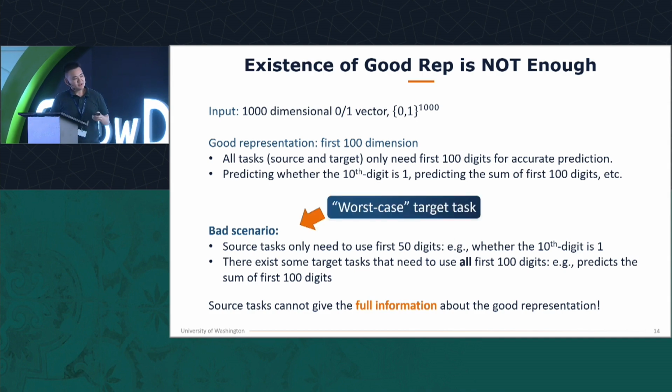In this scenario, you cannot learn a good representation for the target task because it needs the 51st to 100th digits. This is really the worst case target task: even though both source and target tasks share a common good representation, it's not enough for representation learning to transfer from the source to the target task to improve the performance of the target task.